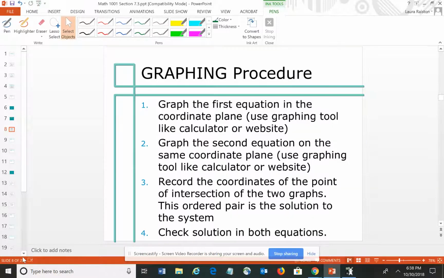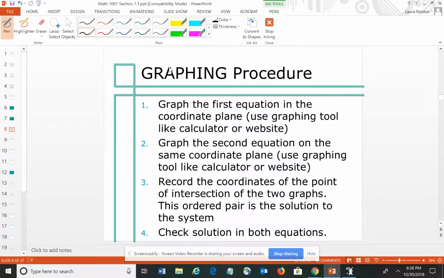The process for solving a system by graphing is you have to graph the first equation as well as the second equation on the same coordinate plane. Now, one of the challenges is, in order to graph it using the graphing calculator or even the WabbitEmu website, you have to have the equation in the proper form.